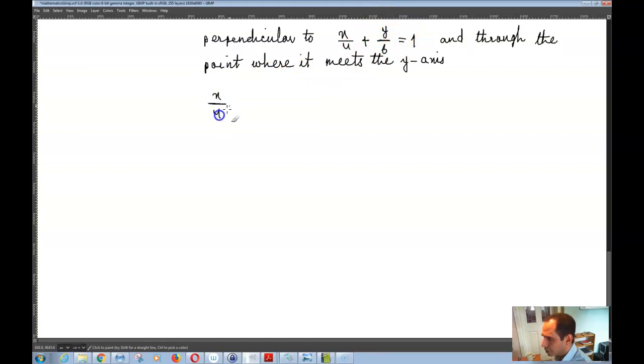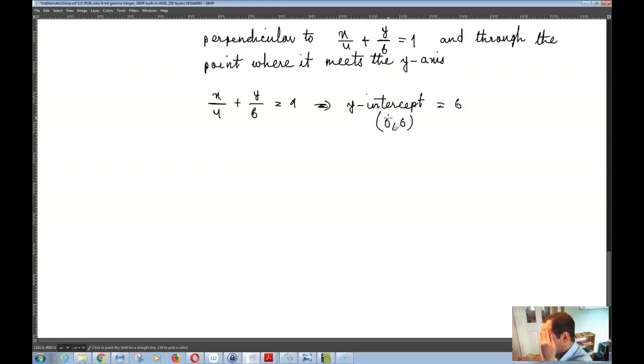Over here, your y-intercept is equal to positive 6. That means that this point becomes 0, 6.